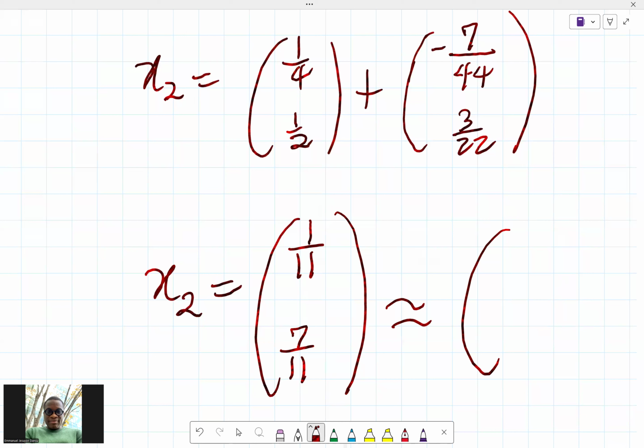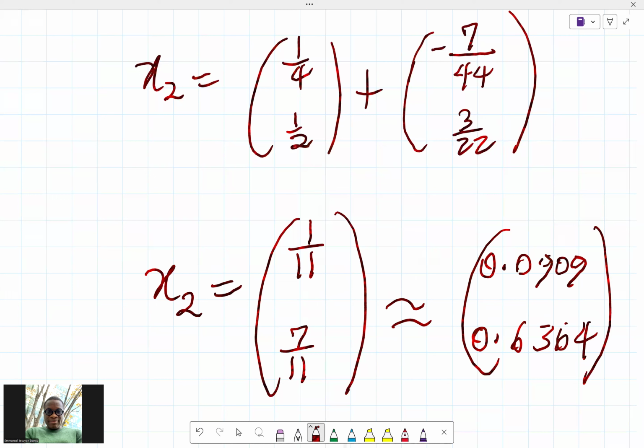Okay, calculator. 1 divided by 11 is 0.0909. Then 7 over 11 will just be 7 times this, right? 7 over 11 is 0.6364. Okay, that's the second iteration. So with the second iteration now, we have that result.